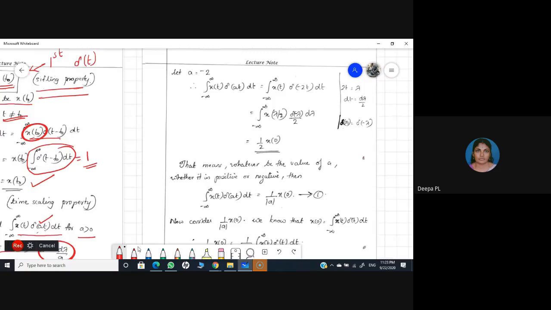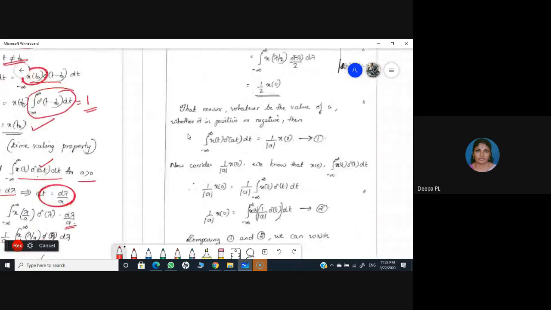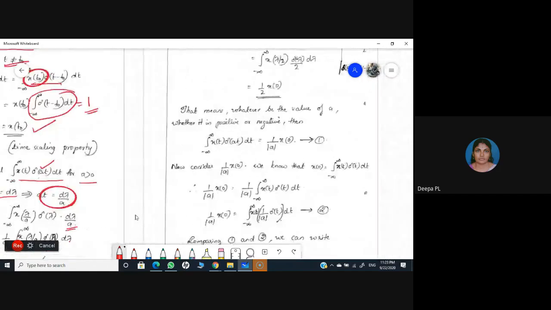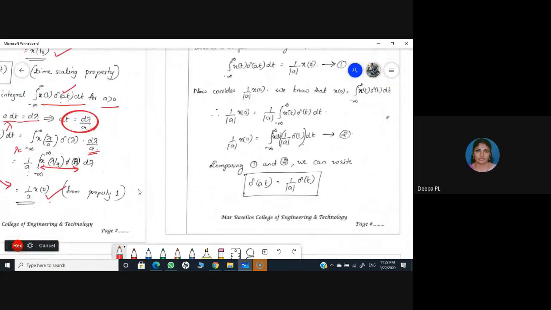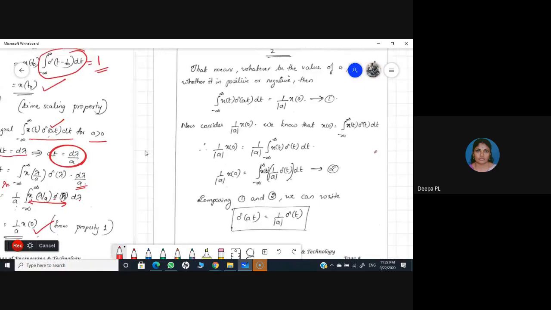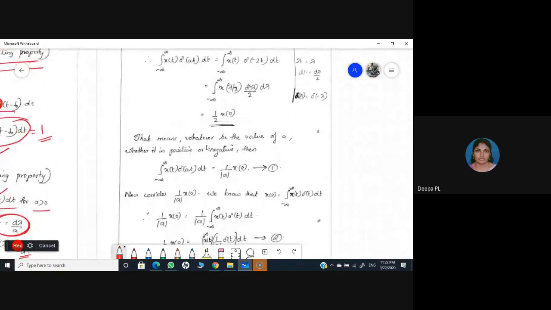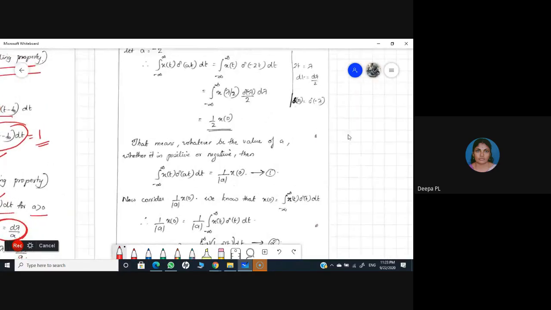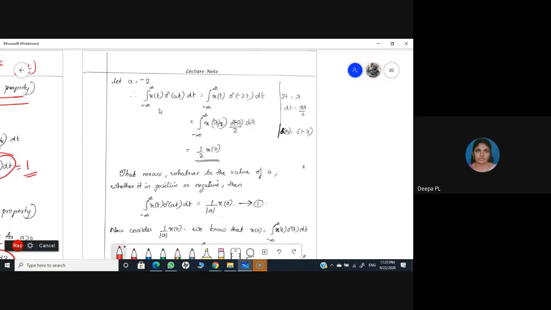Now I am considering a equal to minus 2, that is, a negative quantity. Then the integral x of t into delta of at changes to x of t into delta of minus 2t.